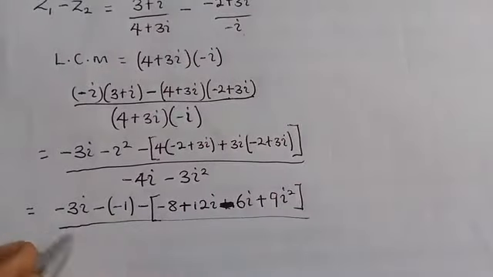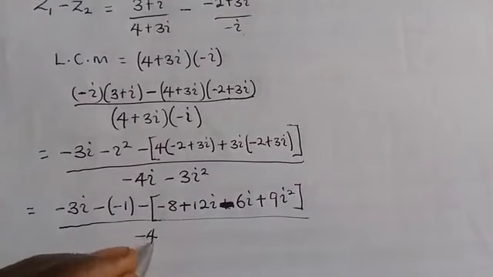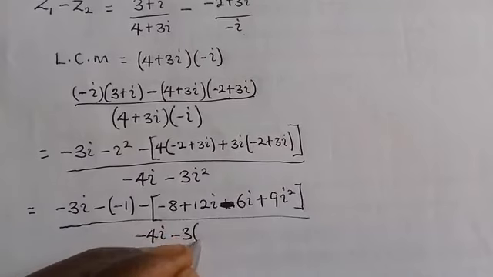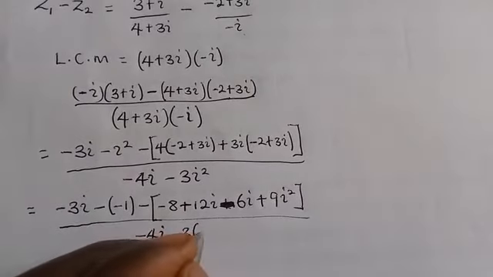All divided by -4i minus 3 into the value of i squared, which is -1.